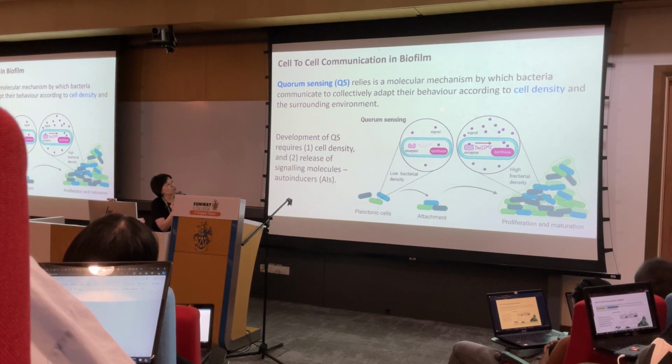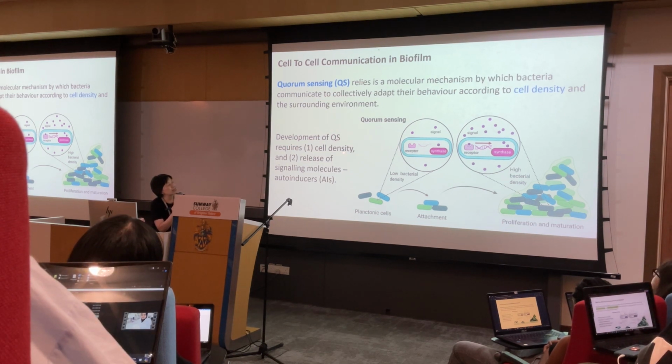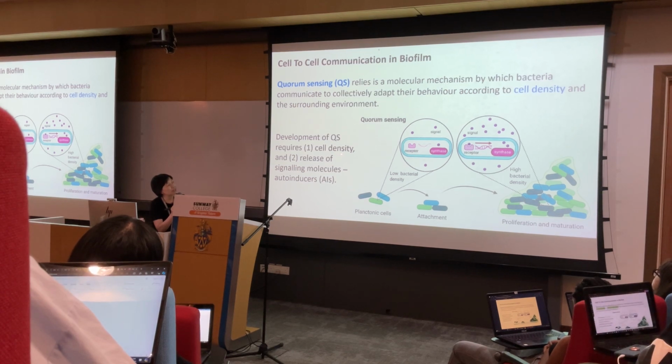And there are 2 prerequisites, things that they need to fulfill in order to get to quorum sensing. So what is that? They have to fulfill 2 things to have quorum sensing. First thing is the cell density. You need to accumulate enough cells, a large enough population, then you can start to have quorum sensing.